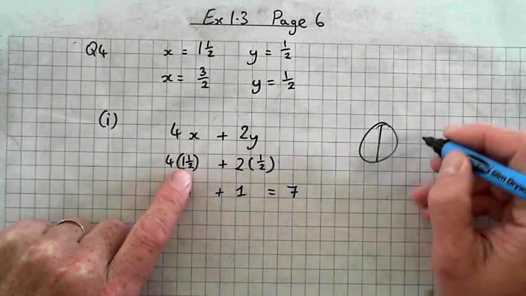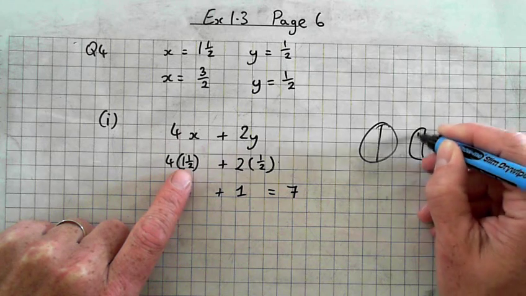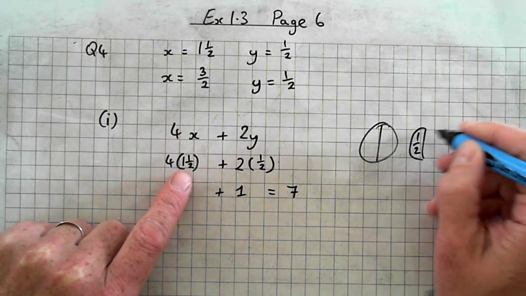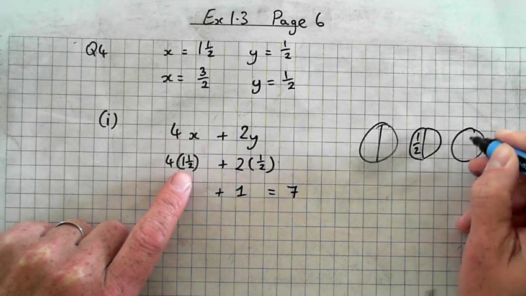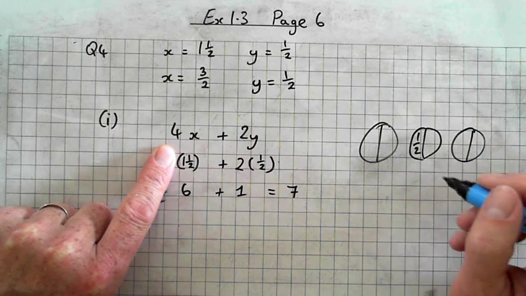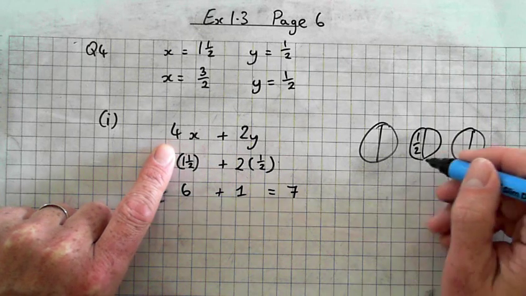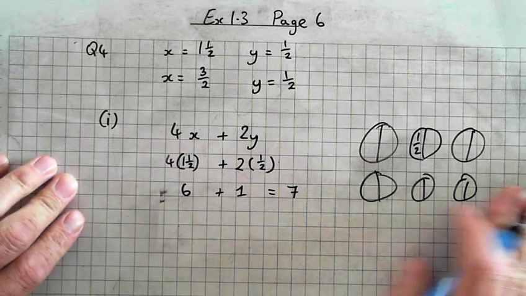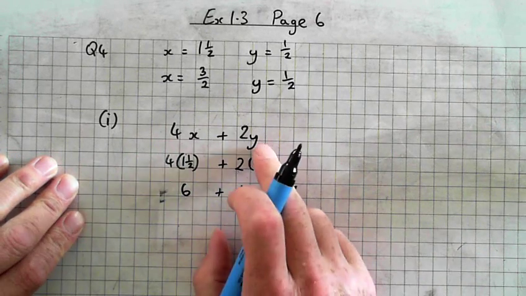There's 1 circle, and there's a half a circle. Okay? So if I double that, I get 3. 2 times 1.5 is 3, so what's 4 times 1.5? 6. Double check with a calculator.